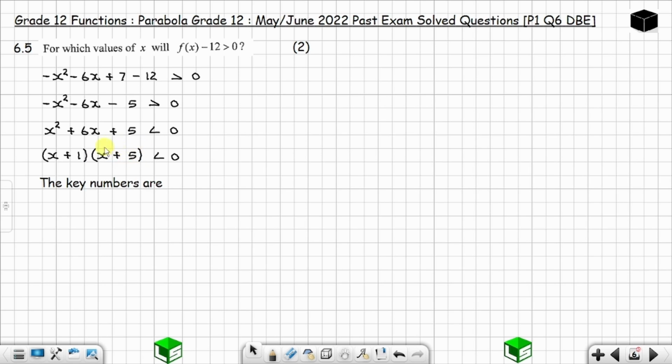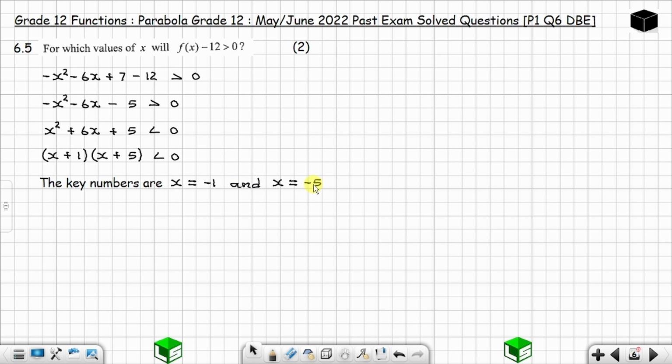You do the same here, you make it equal to 0, you solve for x, x is equal to -5. So the key numbers for this inequality are x is equal to -1 and x is equal to -5.